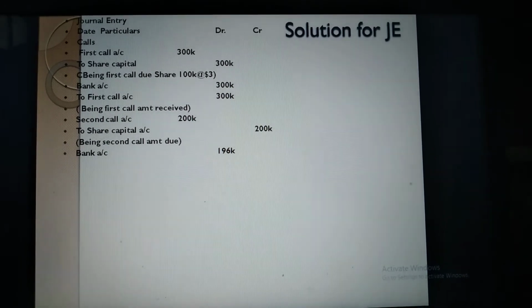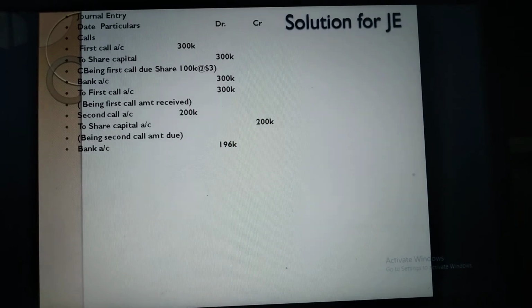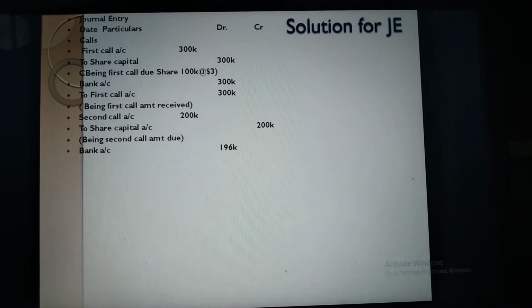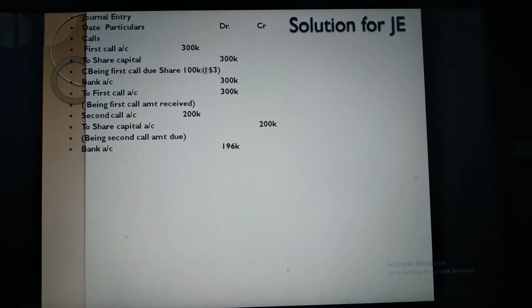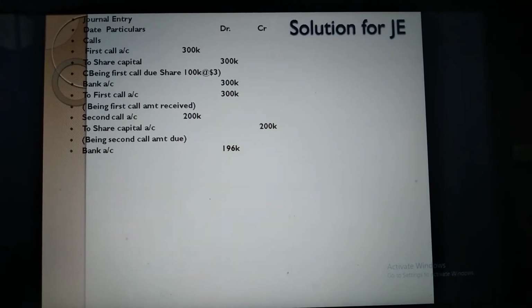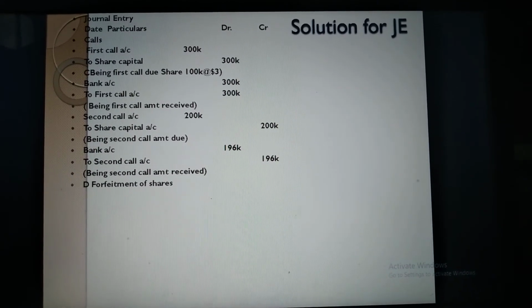Why we are receiving 196 is because one of the shareholders failed to pay for 2,000 shares. So we are actually subtracting 2,000 shares. You get 196,000 amount to be received in the bank. So 2,000 has been forfeited. So we have forfeitment account.